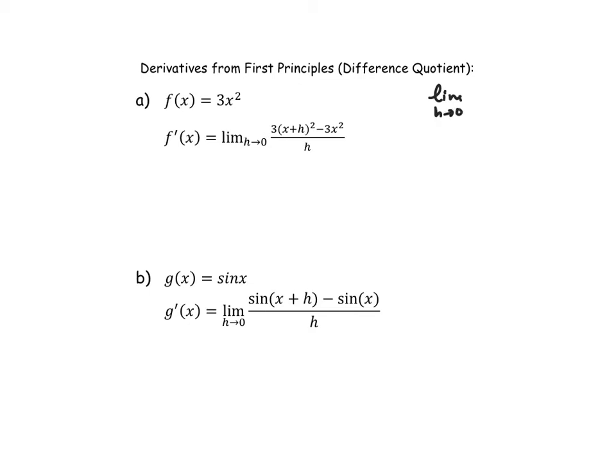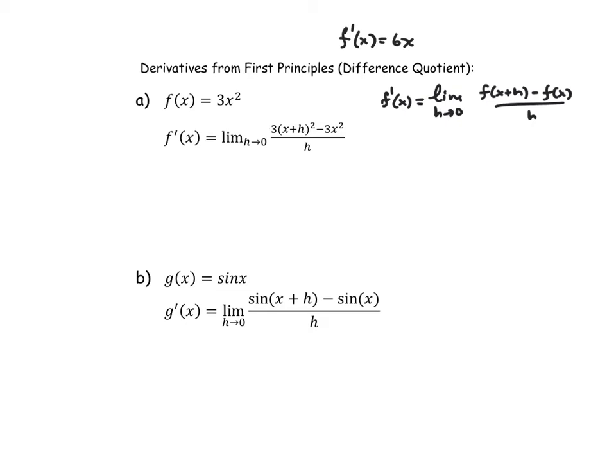Limit as h goes to 0 of f of x plus h minus f of x all over h. That is f prime at x. Okay, so let's look at the function that we're given. We're given 3x squared. Now, some of you might already know your power rule, and you probably figured it out from the previous page, but this should come out to be 6x.